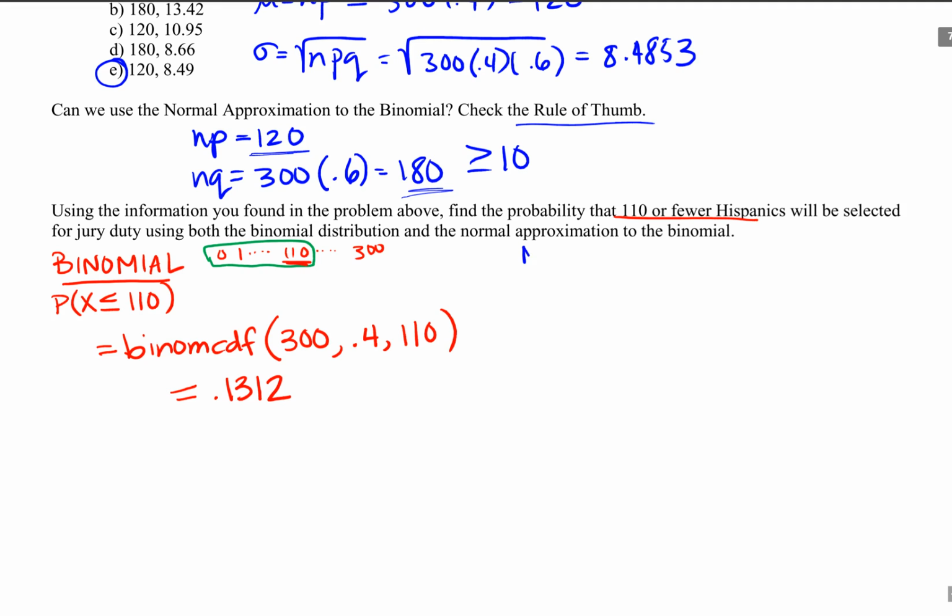The normal approximation version of this says, well, we actually know that this almost follows a normal distribution, right? With our mean at 120. And we know that we're looking for 110 or fewer.